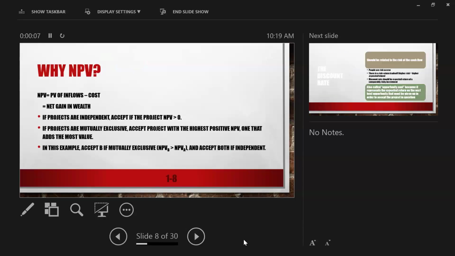So here is the concept of what we're looking at in regards to NPV. We're taking the cost of a project and subtracting it from the present value of all future cash flows. What this tells us, like we went over the very first time, is how much value we've added to the company.